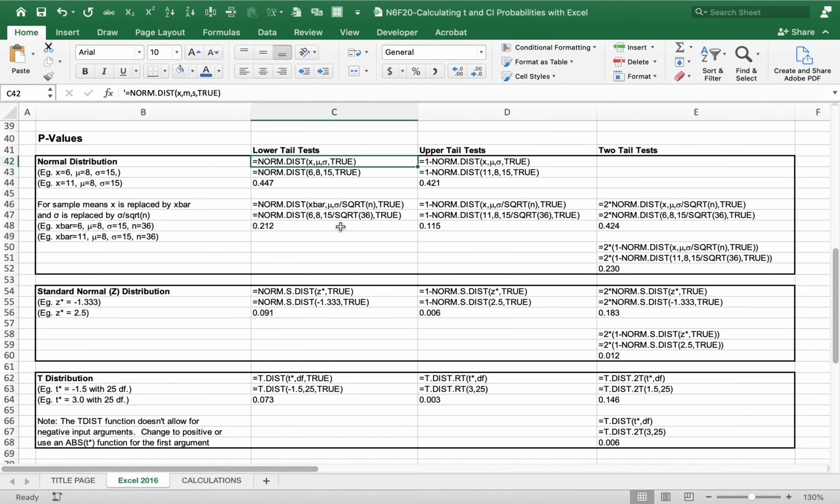We've got the norm.dist function. You can see this in C42, where we put in an x and a mu and a sigma, and we put in a true, and it will give you the area from some point down.